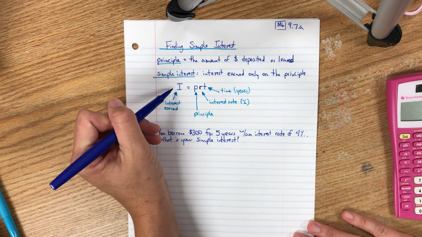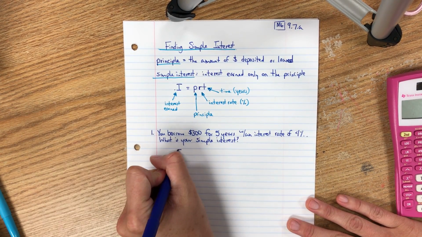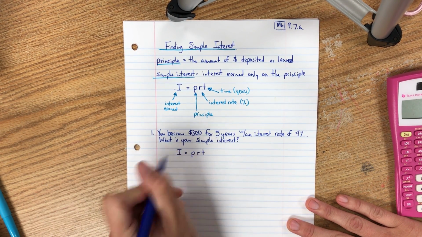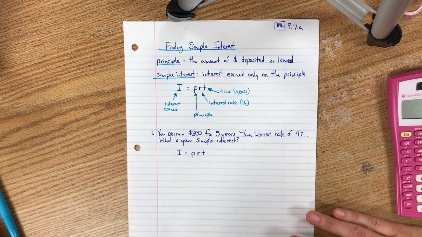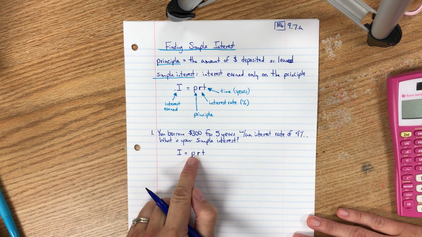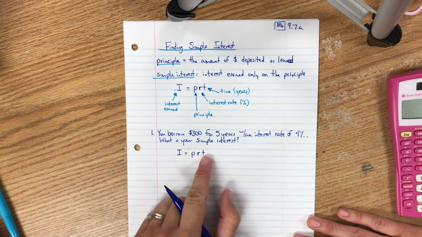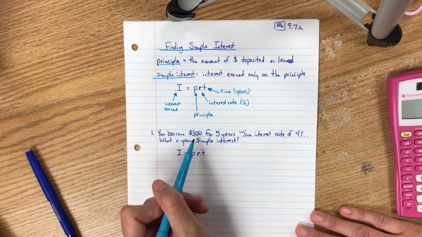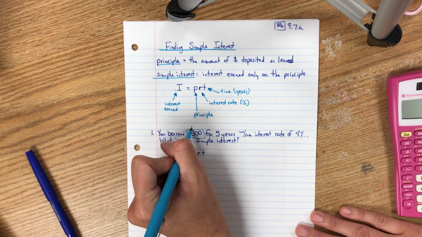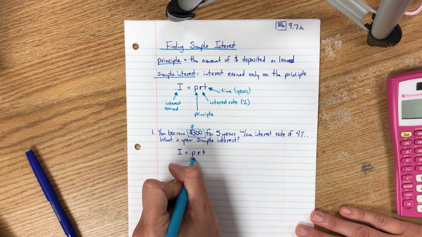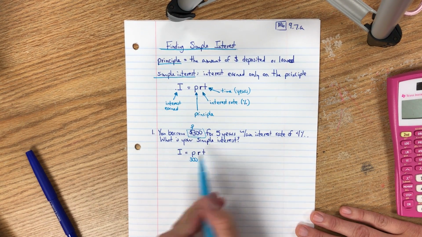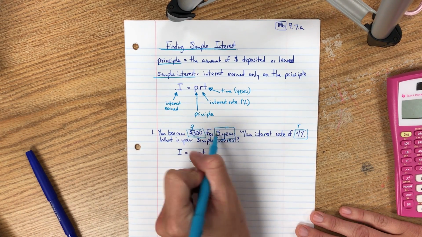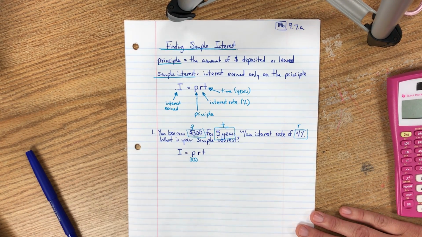They're going to make some money off of you. So we're going to start with the simple interest formula. We're going to write it down first, and we're going to say to ourselves, to help us start to memorize it, interest equals principal times rate times time. So now let's start filling things in. Principal is the amount you started with. So principal is $300. So that's going to go right here. The rate is 4%. The time is 5.